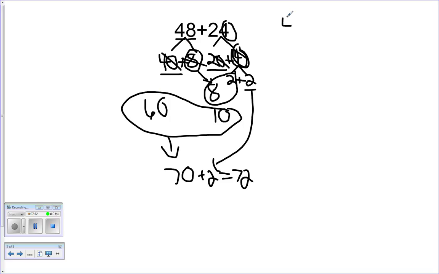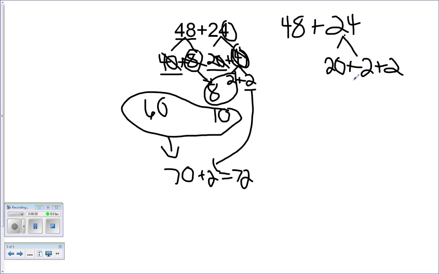Okay? Another way to look at this is if it was 48 plus 24 again. Instead of breaking all of this up, I could just say 20 plus 2 plus 2. Take this 2, give it to the 48, which gives me 50.